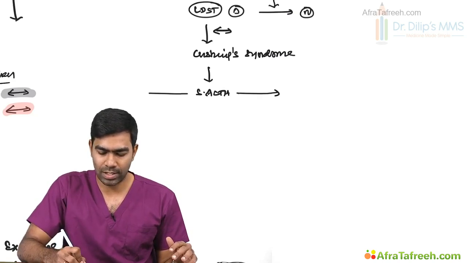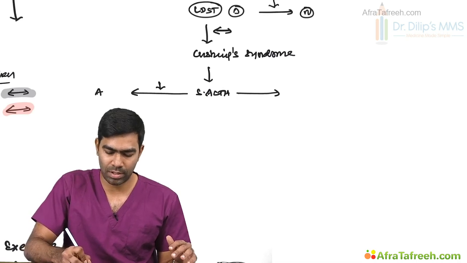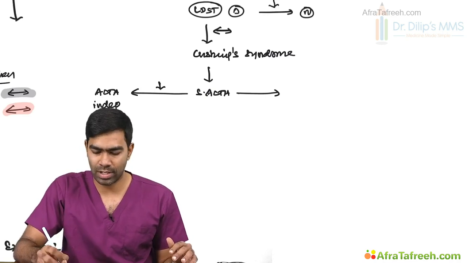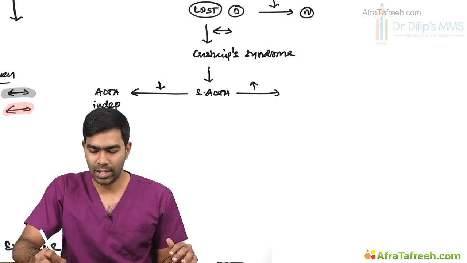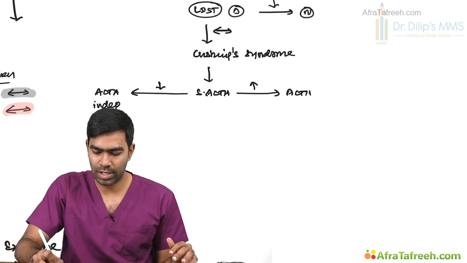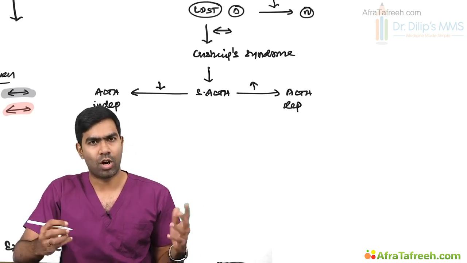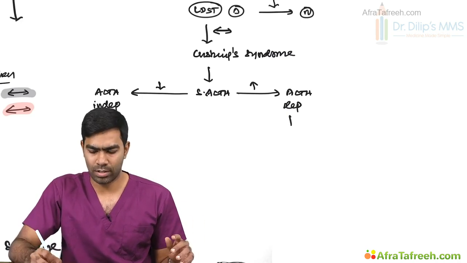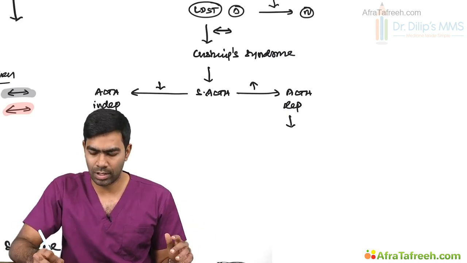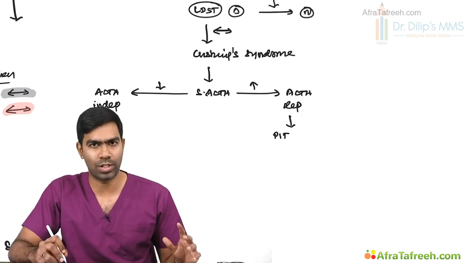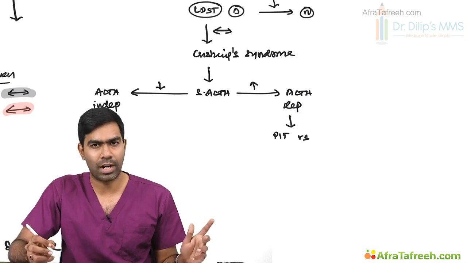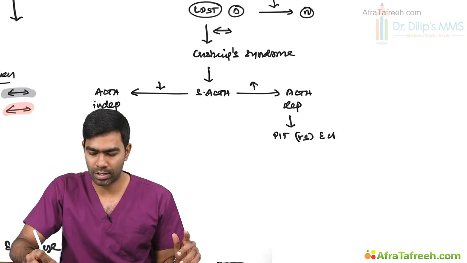Once you have made a diagnosis of Cushing syndrome, now you have to see the serum ACTH levels. So to see whether it's ACTH dependent or independent, if ACTH is suppressed, we go towards ACTH independent causes. If ACTH is high, we are going to think about ACTH dependent Cushing's. All of them have their own sub-causes, isn't it? ACTH dependent causes can be either a pituitary cause, very commonly it's a Cushing's disease, which means an adenoma, or it could be an ectopic cancer as well.